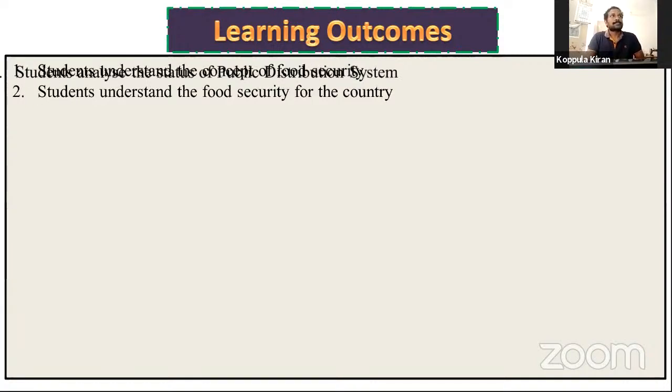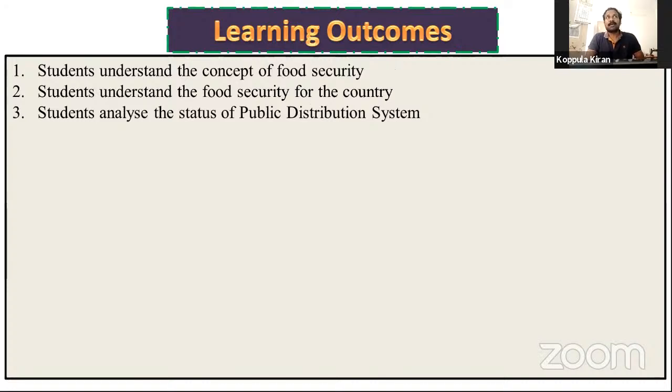Okay, next, students analyze the status of the public distribution system. Nowadays we see daily in our locality what the public distribution system is, in ration shops. They can achieve this learning outcome also.